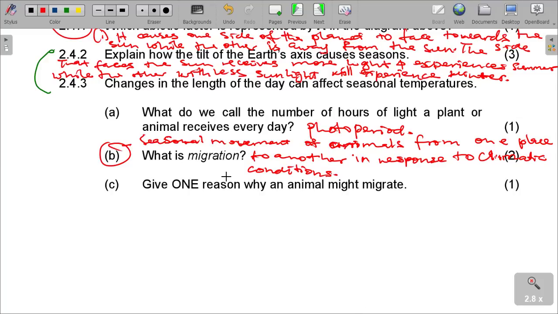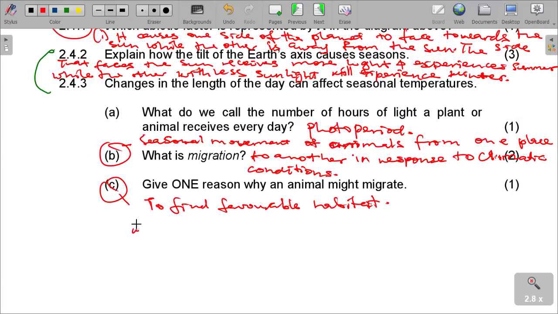Number 2.4 C. Migration can be caused by one, to find a favorable habitat. The animals can move to find a favorable habitat, which is conducive for them to survive.